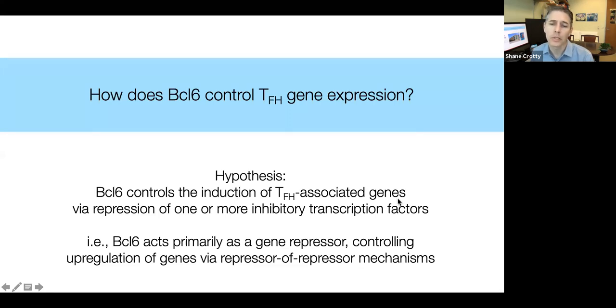And that's important because most of the genes we're interested in TFH are genes that are selectively upregulated in TFH and actively participate in TFH function or migration or differentiation. So as a repressor, how does Bcl-6 control genes that are upregulated? And so we propose, well, the simplest model is a repressor-of-repressor.